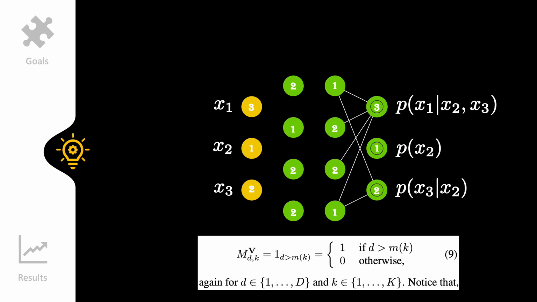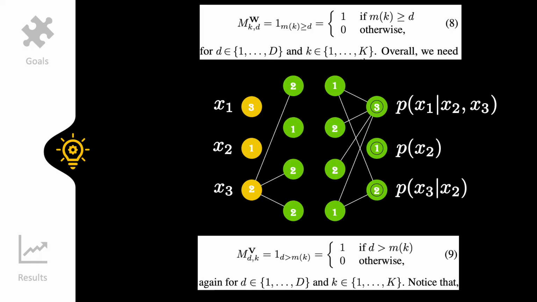Now, this is where there is a difference from the policy that we saw in the output layer given by equation 9. There is another equation in the paper, which is equation 8, and this equation 8 applies to all the layers except the output layer.